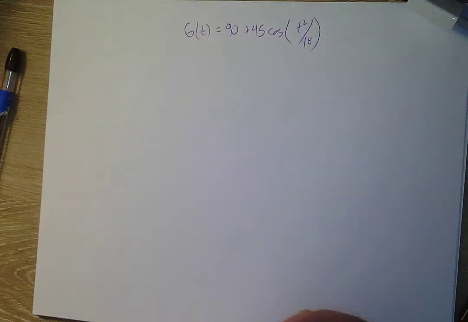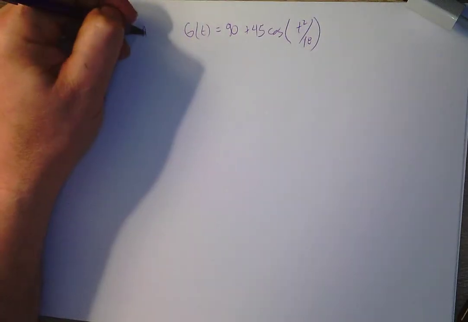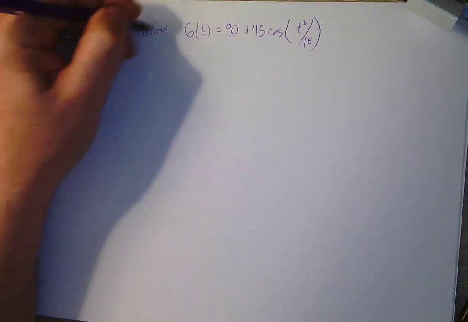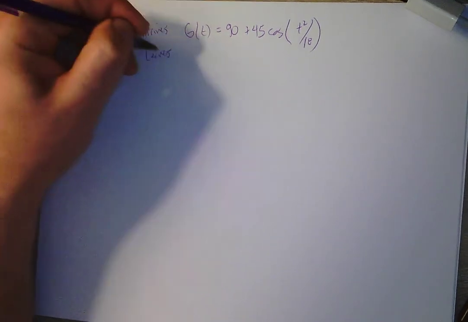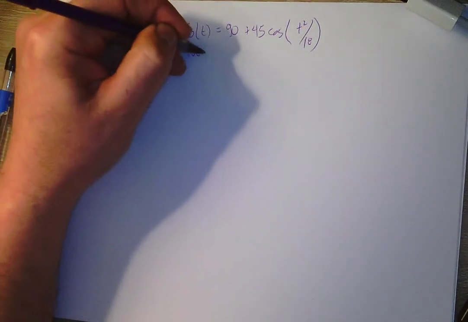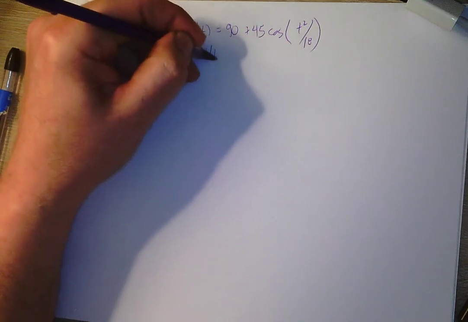Remember, we generally integrate a rate to find an amount. Keep that in mind as you go through this. So there's G. G of t equals 90 plus 45 cosine t squared over 18. This is the rate at which unprocessed gravel arrives, and it leaves by way of being processed at 100 tons per hour.